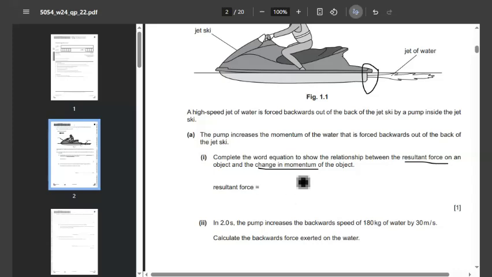So we know that the resultant force is the rate of change of momentum. So we can write resultant force is equal to change in momentum divided by the time. Okay.